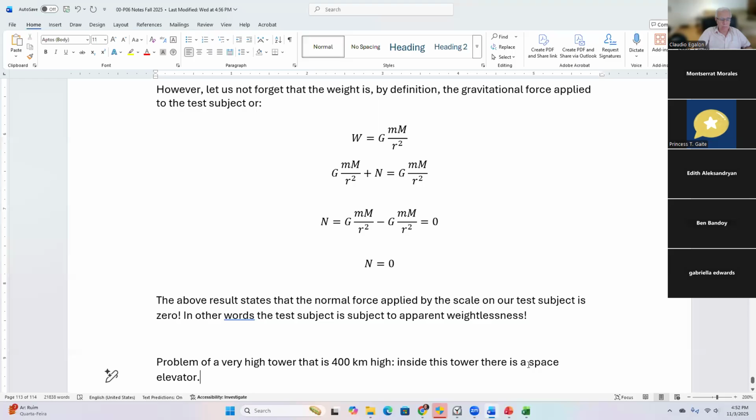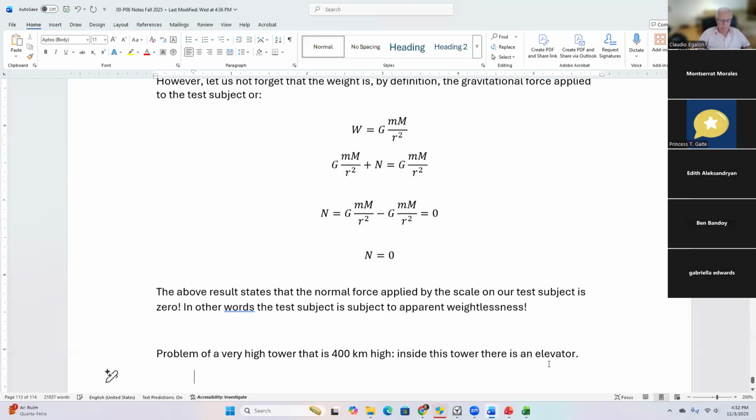There is an elevator that can take our test subjects to a height of 400 kilometers.